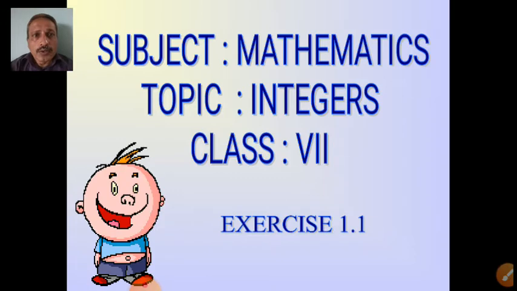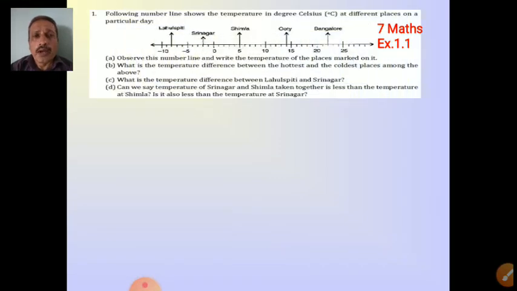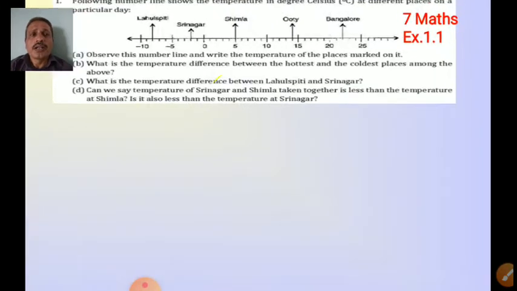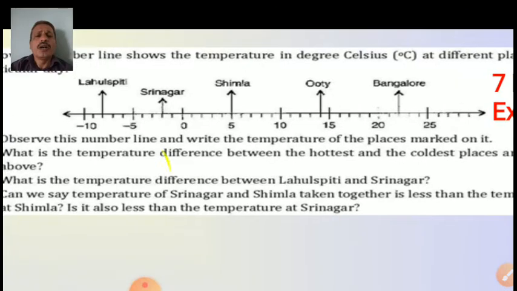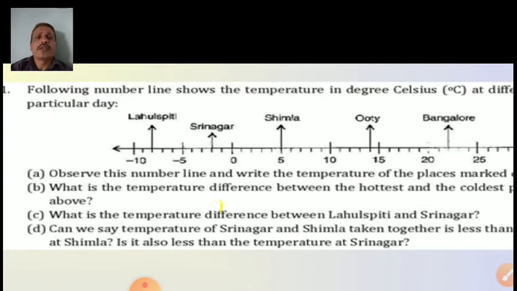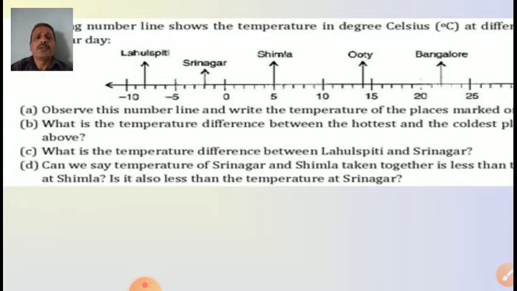Yes, thank you. Now, here is question number 1 of exercise 1.1, lesson number 1, Integers. If you have the textbook, open it and see there is a big question with a picture.